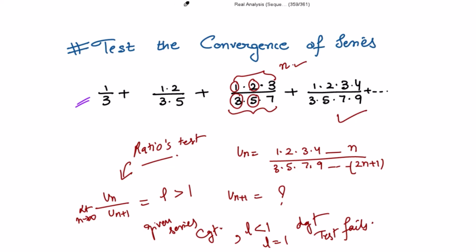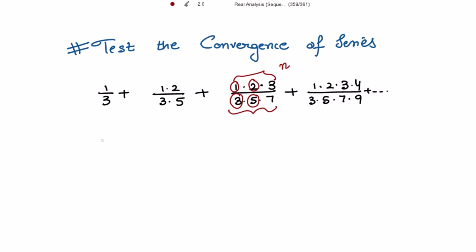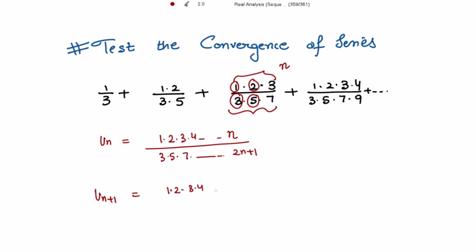Right? So let's use the ratio test for this. To apply the ratio test, I'm taking un to be the product of these numbers up to n divided by the product of the numbers in the denominator. And then taking un plus 1, the product of the numbers up to n plus 1.